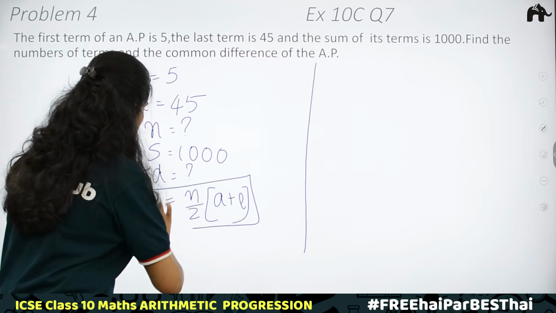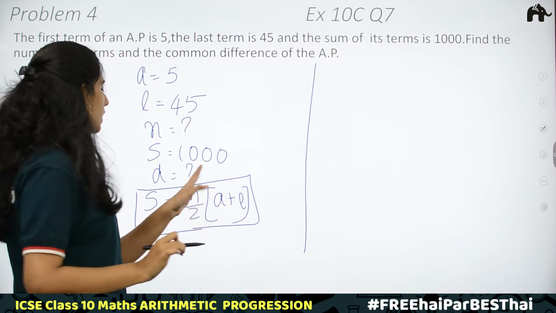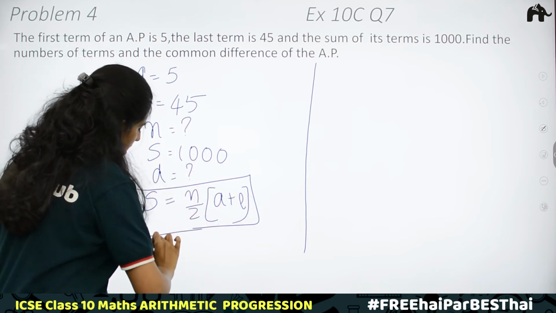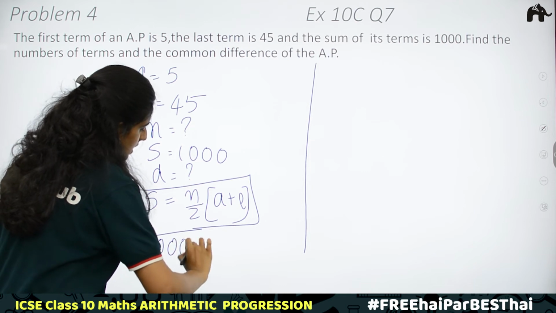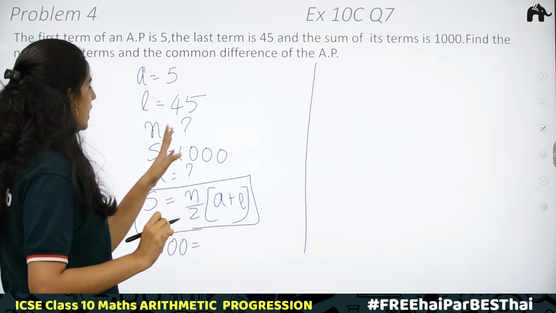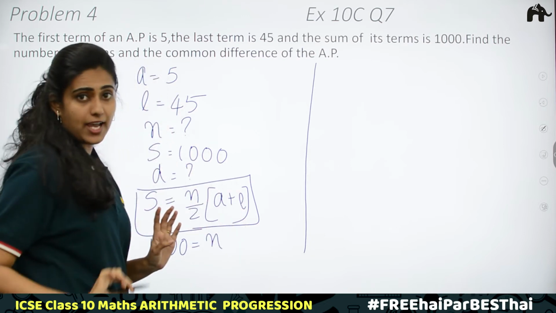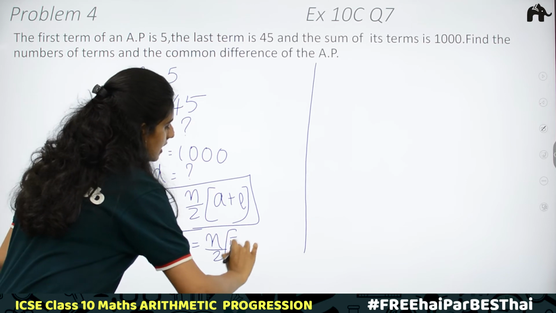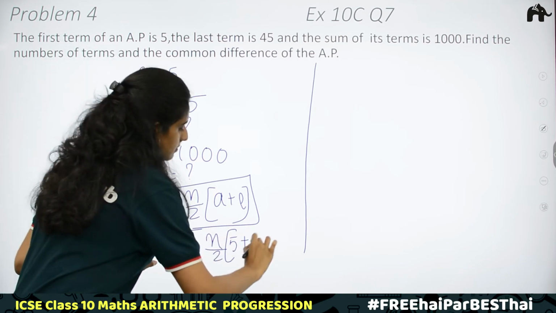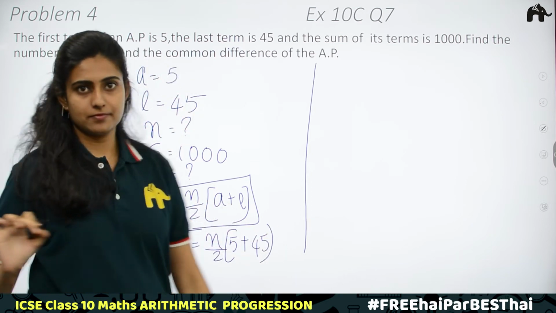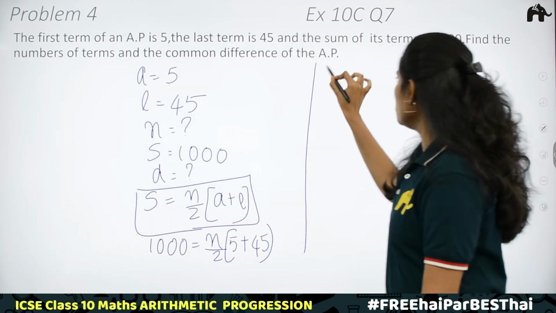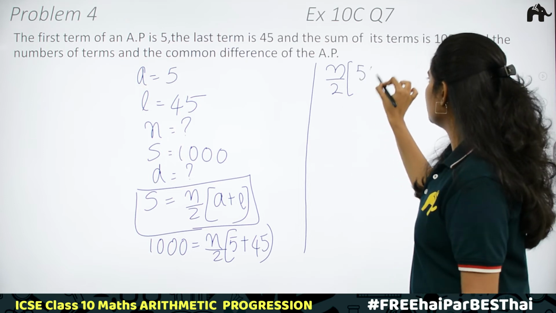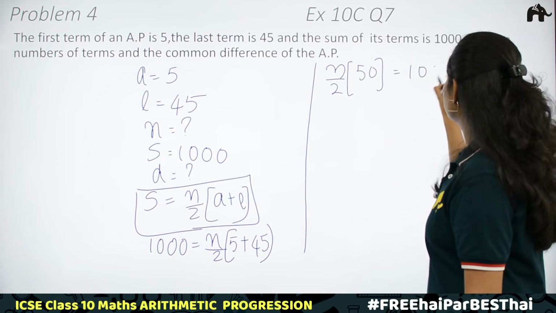We have to use S is equal to n by 2 into A plus L. Now substitute the values. 1000 is equal to n by 2, n we have to find, into A plus L. A is 5 plus L is 45. That is n by 2 into 5 plus 45, which is 50, is equal to 1000.